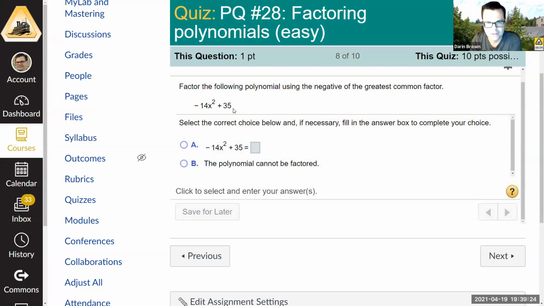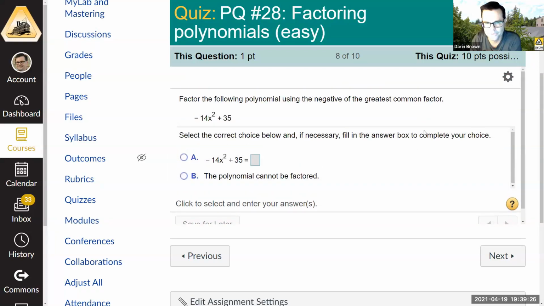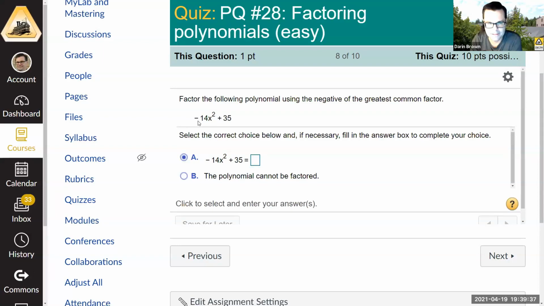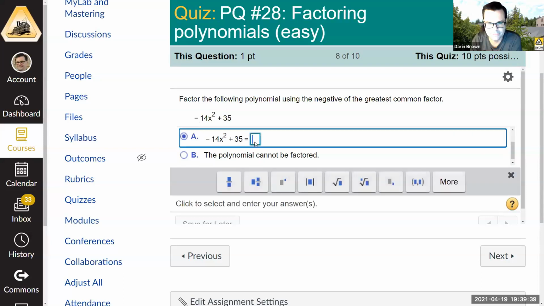Okay. So take a look at this one. Just a binomial, but it's not a special formula. All right, so notice the minus sign out in front. So we're going to factor out a negative. And then what's the GCF of 14 and 35? Well, that's 7.